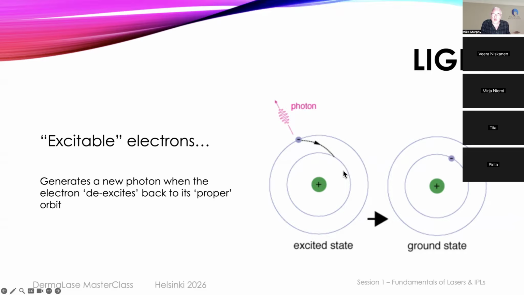The ground state orbit, where the electron's sitting quite happily, has a certain amount of energy. The next orbit up has a little bit more energy, and the next orbit up will have more, and so on and so forth. So the photon energy must equal the difference between these two orbits. It can't be out here somewhere or in here or maybe in there. It's got to be precisely that difference.